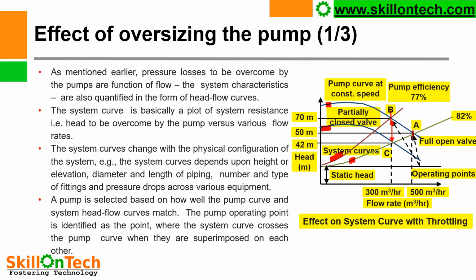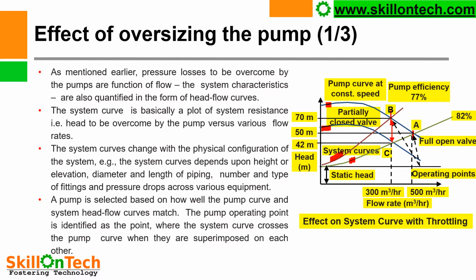The system curve depends upon height or elevation, diameter and length of piping, number and type of fittings, and pressure drops across various equipment in the discharge pipeline. A pump is selected based on how well the pump curve and system head flow curve match. The pump operating point is identified as the point where the system curve crosses the pump curve when they are superimposed on each other.